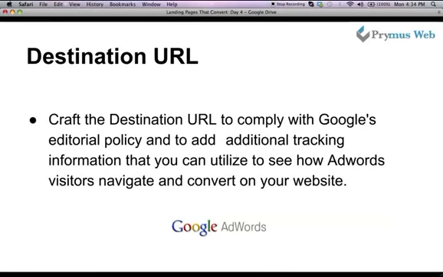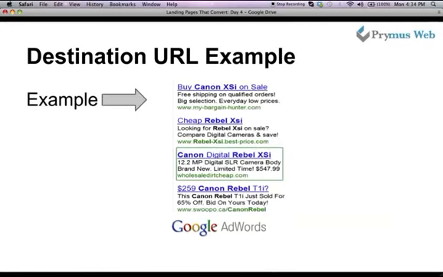So make sure that your destination URLs and your display URLs at least match. You can add certain extensions, like /buy now or something, but the root should always be the same. A variation of the root domain should always be the same. So here's an example. Let me take my pointer over here, and you see this right here is the display URL.